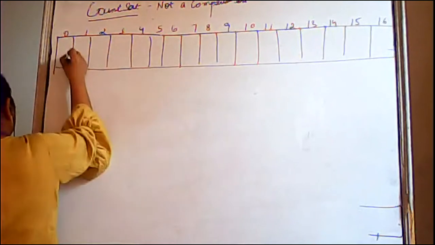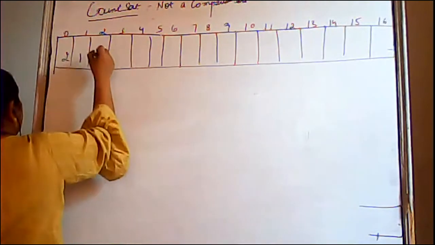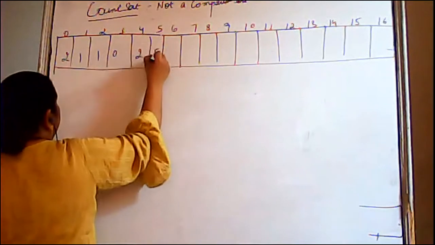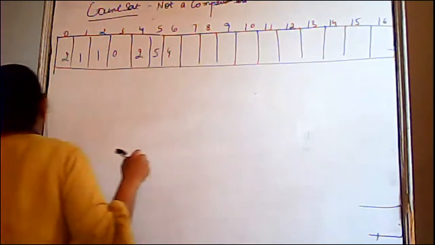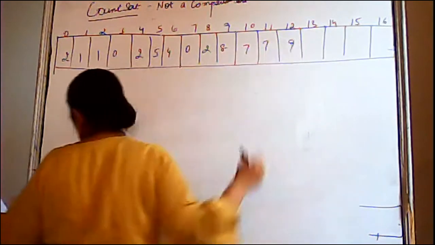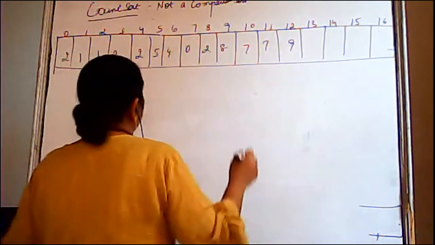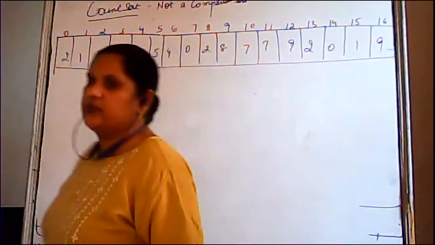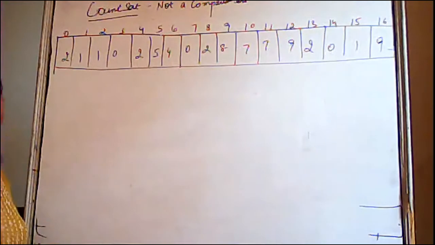The numbers are 2, 1, 1, 0, then 2, 5, 4, then you have 0, 2, 8, 7, 7, 9, 2, 0, 1, 9. These are the numbers given to us from index 0 to 16.